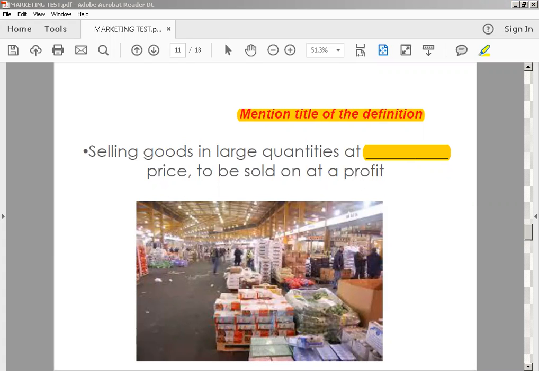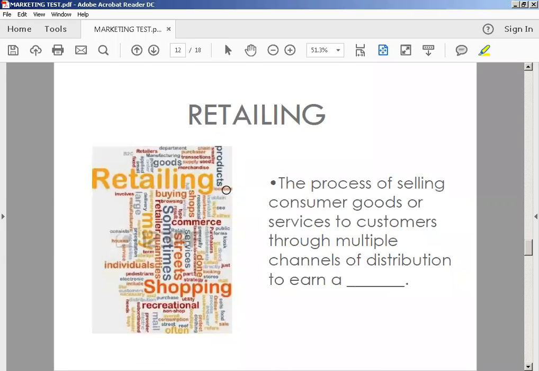Then I proceed. Retailing, the process of selling consumer goods or services to customers through multiple channels of distribution to earn dash.